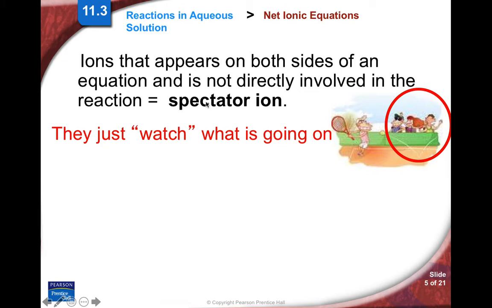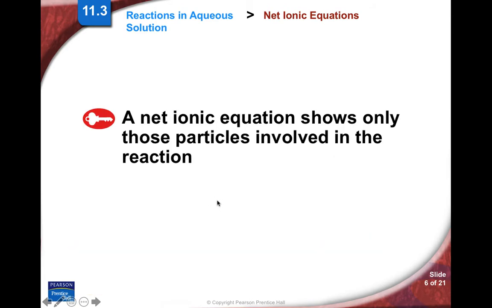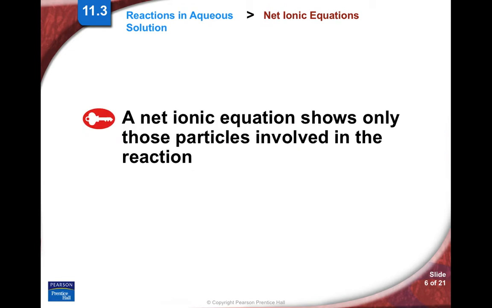They're just hanging out on the sidelines watching what the other stuff's doing. So a net ionic equation is only going to show the particles, the ions that actually make something new. They're the ones that form the precipitates. Those are the only ones we need to write down in a net ionic equation. So the ones that form a precipitate are the ones that actually cause a reaction.